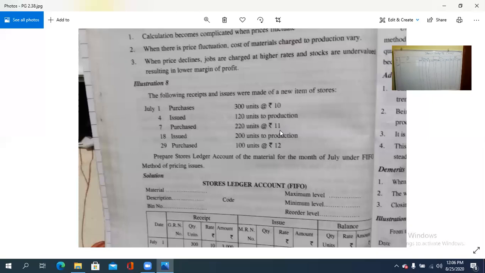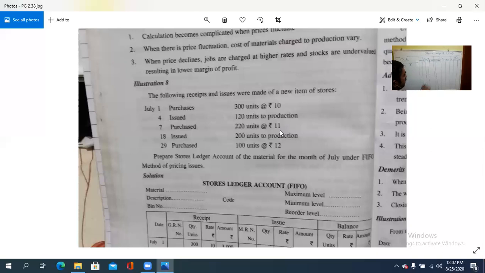So, July 1 purchases. There is no particulars column. Put the date fully. So July 1, receipt is how much? 300 units at rupees 10.